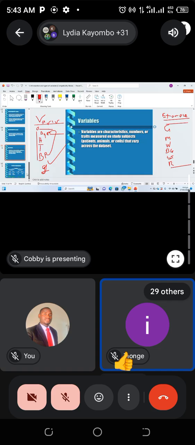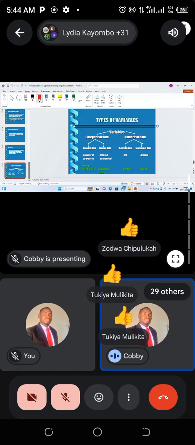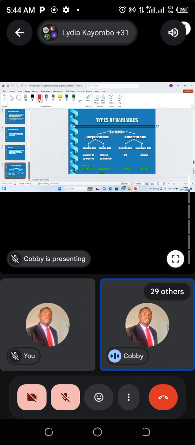Now, these variables come in types. There are what we call categorical variables and numeric variables. Like we have been listing them, when it comes to gender, gender is in two categories, right?